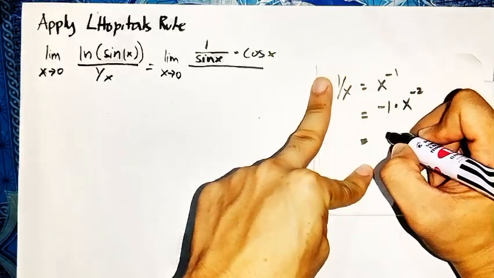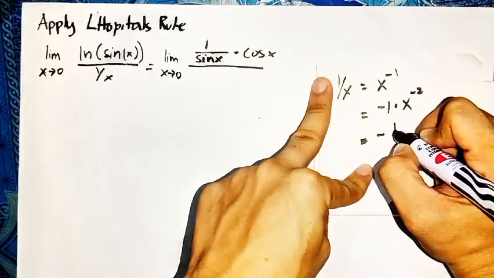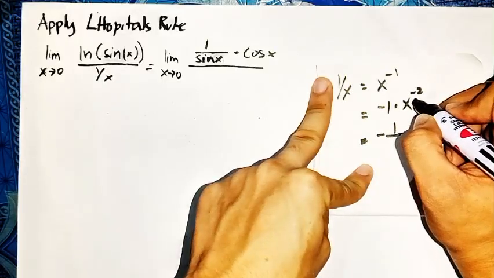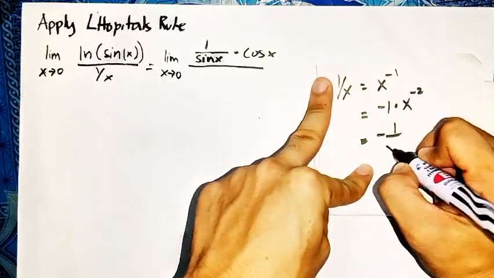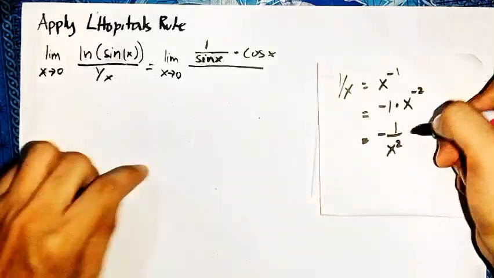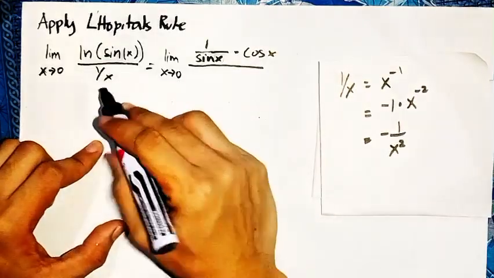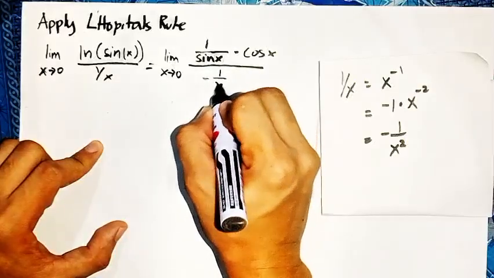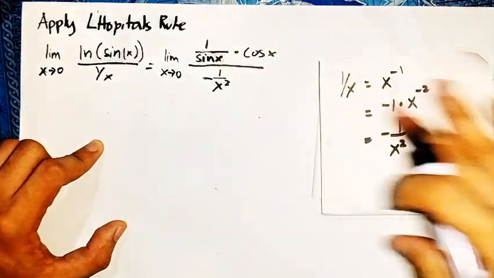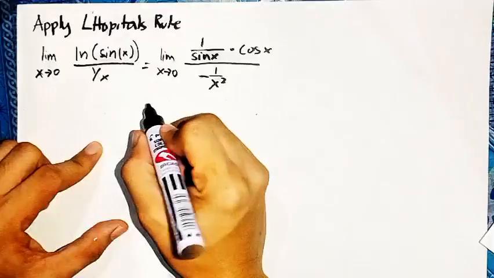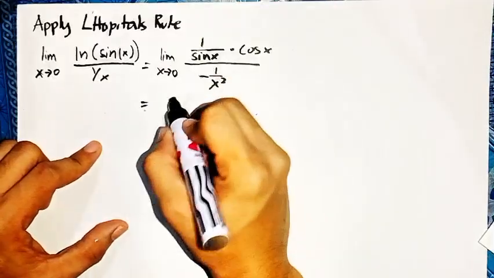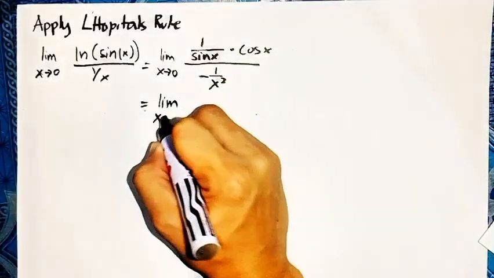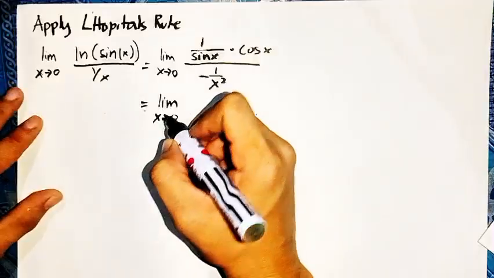So therefore, negative 1, let's put it again to the denominator, so x squared. So the derivative of 1 over x is negative 1 over x squared. So let's multiply the numerator, so copy the limit, x approaches 0.